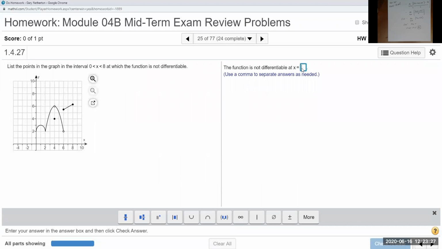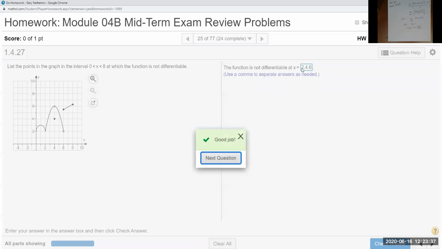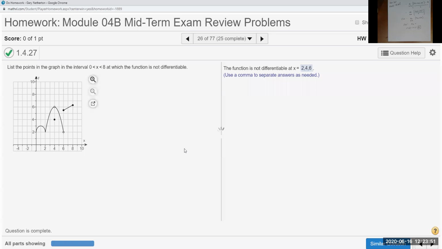So here I should put in 2. I think you just separate the values of x with commas. All right, so that's not too hard to understand. Hopefully you understand about when functions are differentiable. All right, 28.